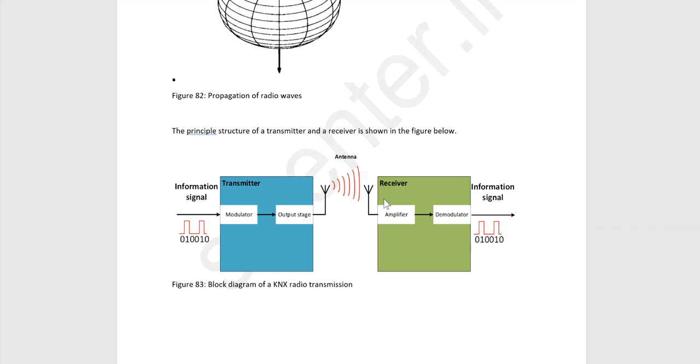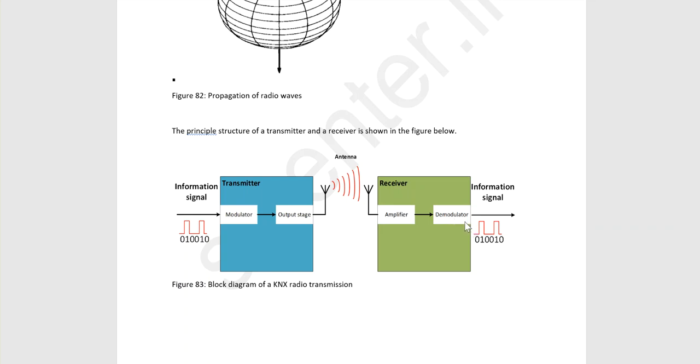From the antenna to the antenna of the receiver, it is transmitted in a wireless way. Then in the receiver, it is received by the antenna and amplified. Then the part named demodulator is going to decode the signal to 0 and 1 as an information signal.